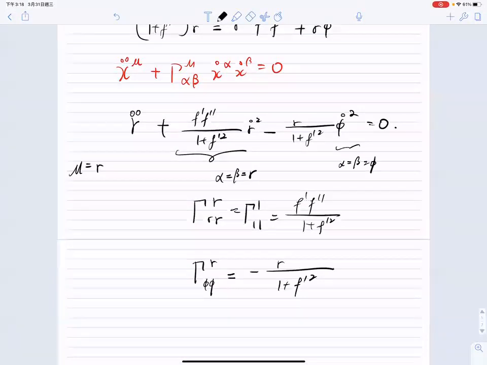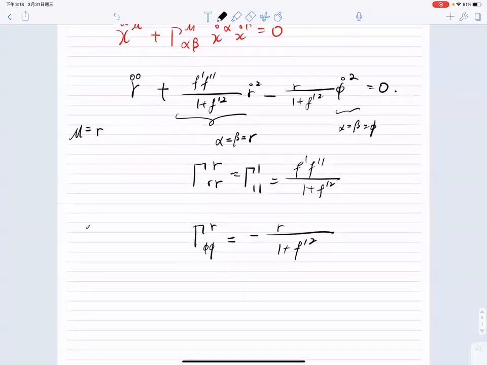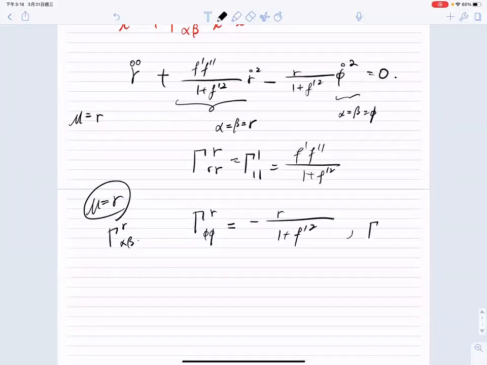Yep. And then you can find all the Christoffel symbols with mu equal to r, and the others would be 0 for other cases.